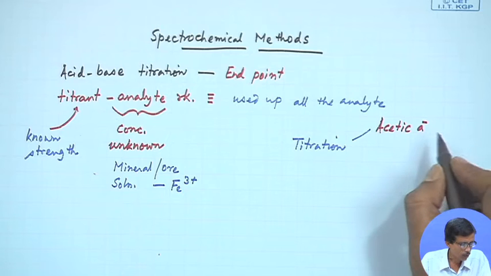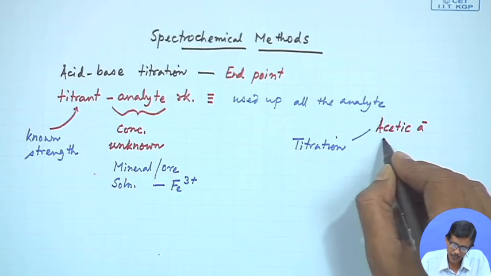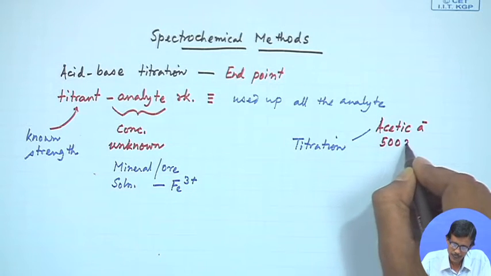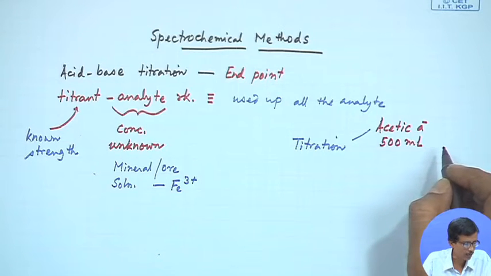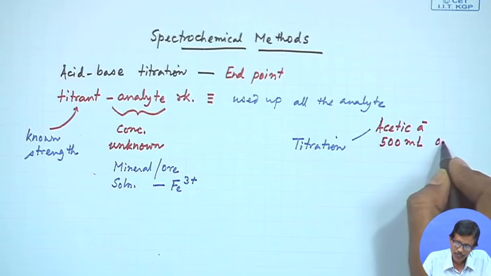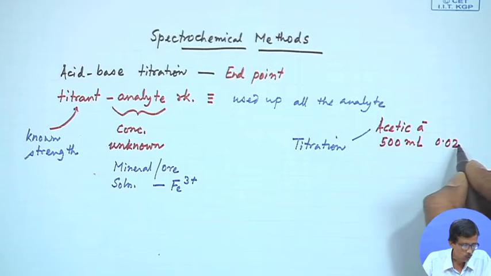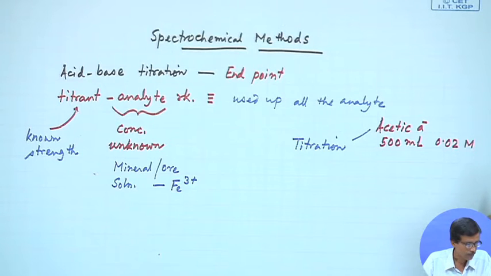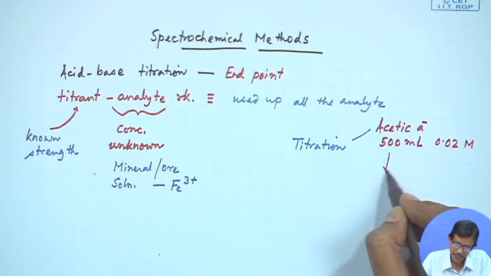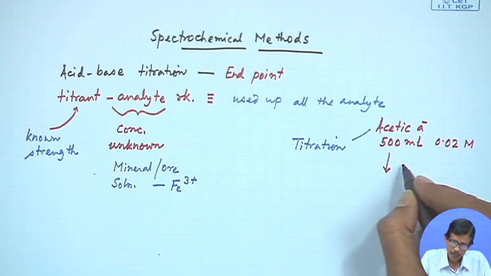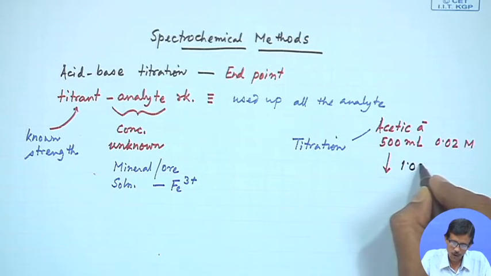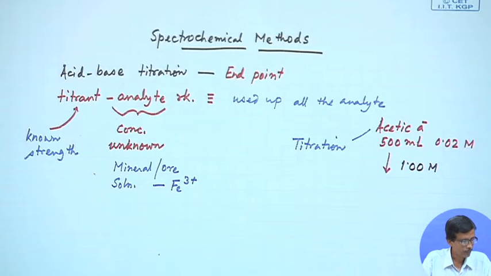We are going for an acetic acid solution, and a certain volume we have to take, say 50 ml to 500 ml, of say 0.02 molar concentration, and we want to titrate it with a solution of KOH, potassium hydroxide solution, of higher strength.